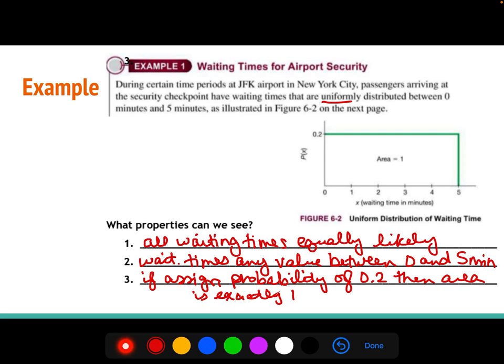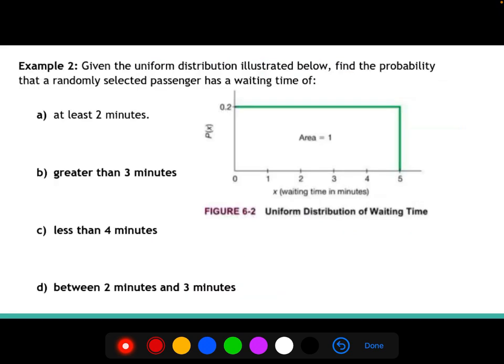Remember, we want the area under the curve to be 1. So we divide by the 5 units, 1, 2, 3, 4, 5. 1 divided by 5 is 1/5. That's 0.2. That means each one of them has a probability of 0.2. Let's look at another example.